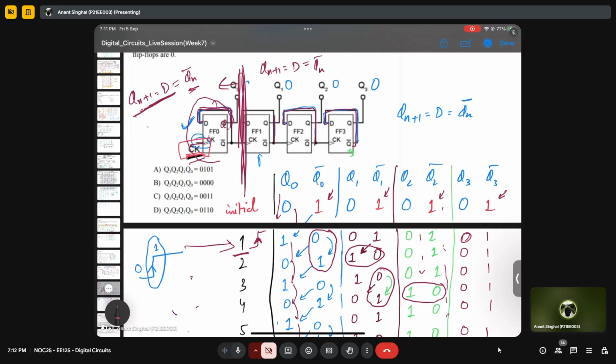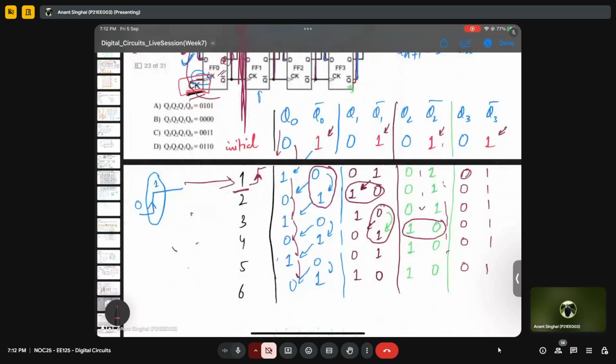So if you have given it 0 initially, the next state will be Qn complement, so it will be 1, right? At the clock edge. Are you able to understand this? Yes. Then it will go on, so it will act like a toggling circuit. So it is actually a T flip flop because it is connected like that. Is it clear now?